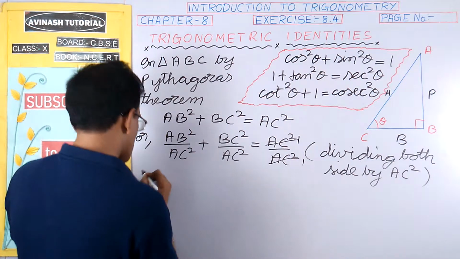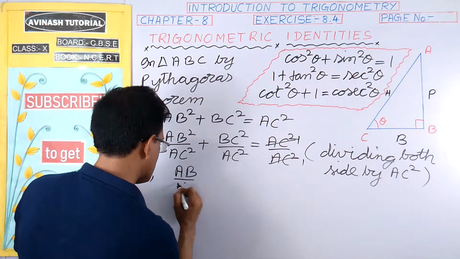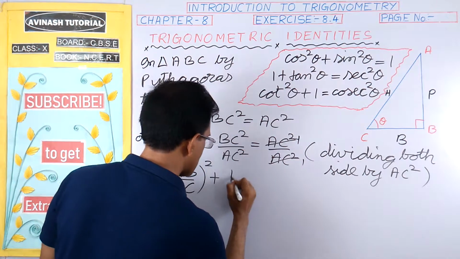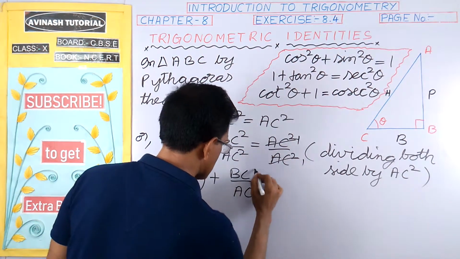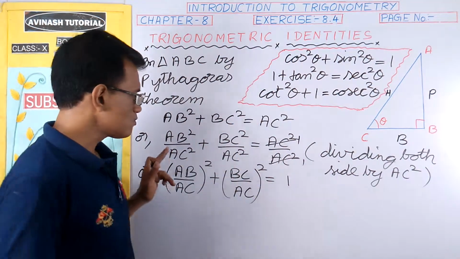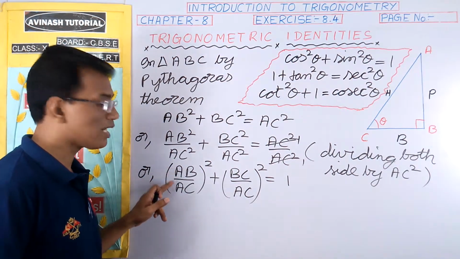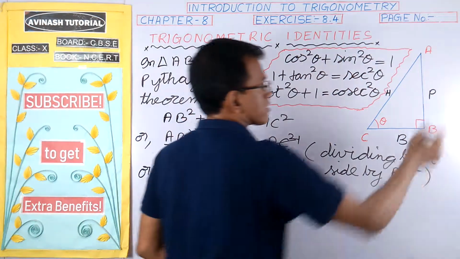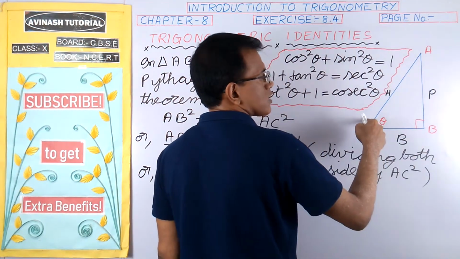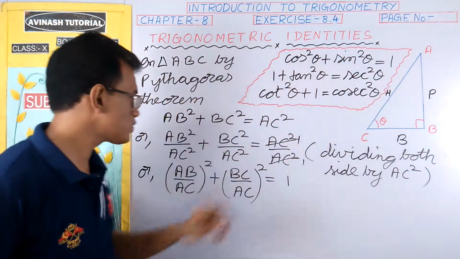Now we can write it as AB by AC whole square plus BC by AC whole square is equal to 1. Now let us look at the figure. AB is perpendicular and AC is hypotenuse, and we know that sin theta is equal to perpendicular by hypotenuse.